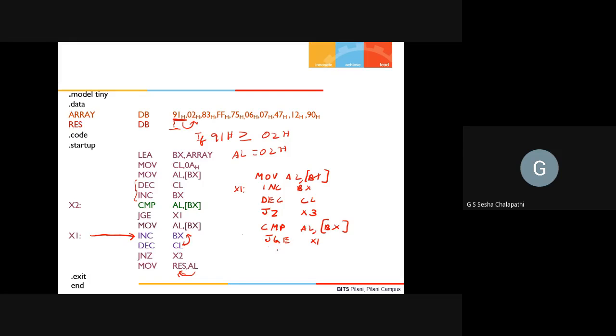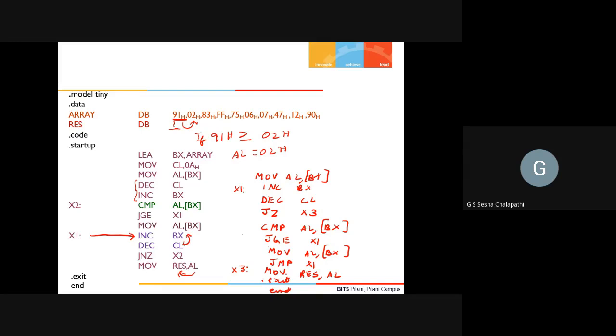Otherwise, it will move AL comma BX. I've moved that, and then I say JMP x1. And then I have x3: move RES comma AL. Then .EXIT and END.